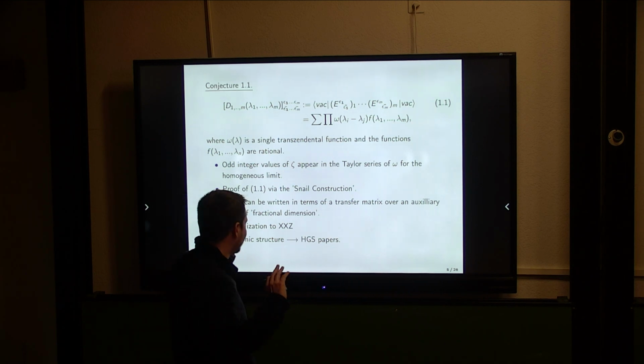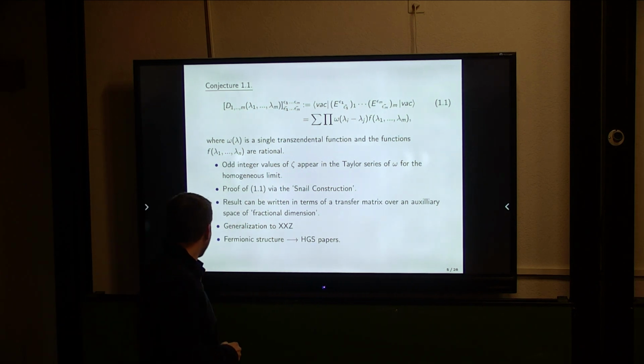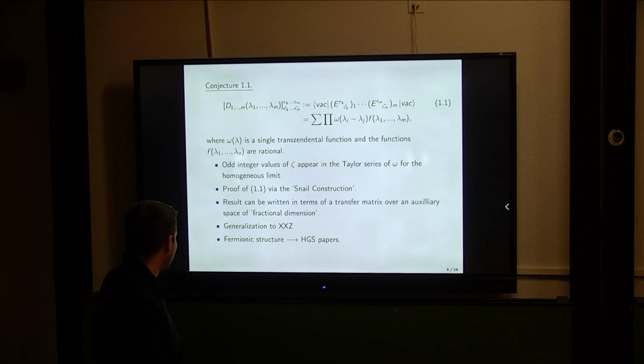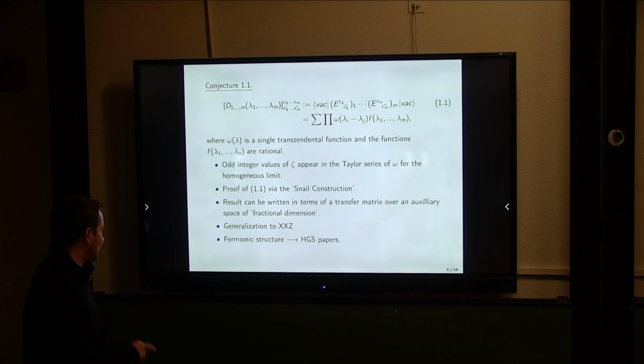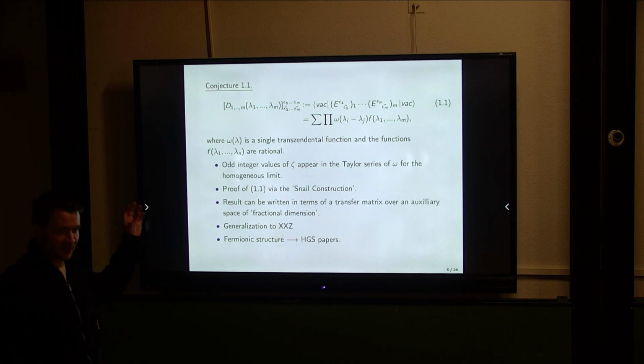I leave out the indices, it's just to show you how the structure looks. The nice fact is that in the homogeneous limit, you will get odd integer values of zeta, and you find this kind of representation via the so-called snake construction that I'm going to explain in the next few minutes.